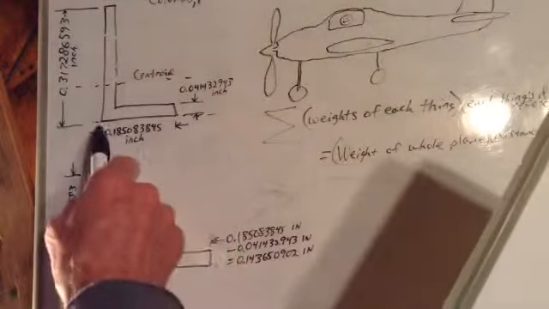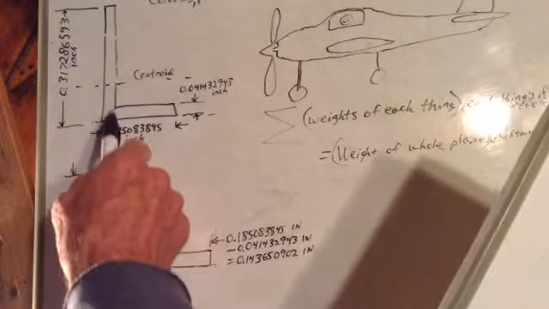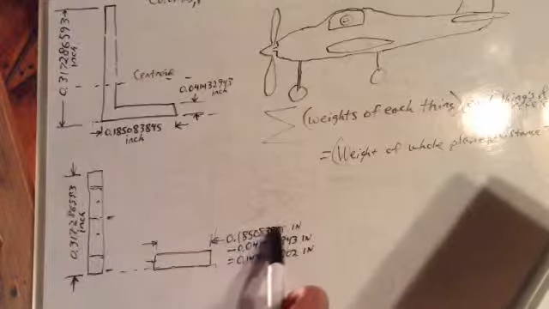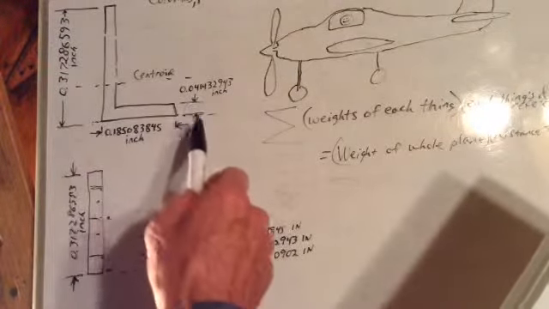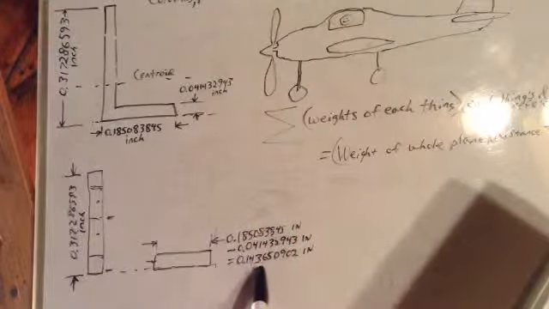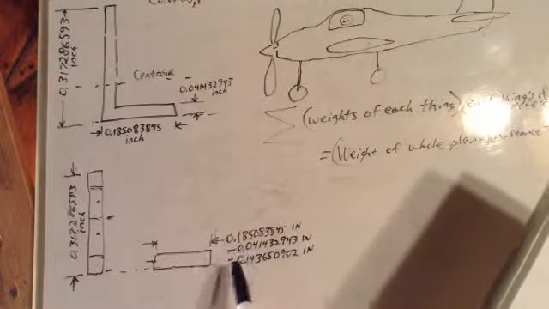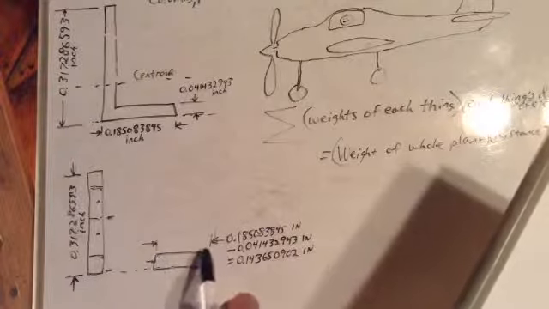plus the area of this one. The area of this one was the length from there to there minus the thickness of that. 0.185 minus the 0.0414 gives us 0.14365. That's the distance between there and there.